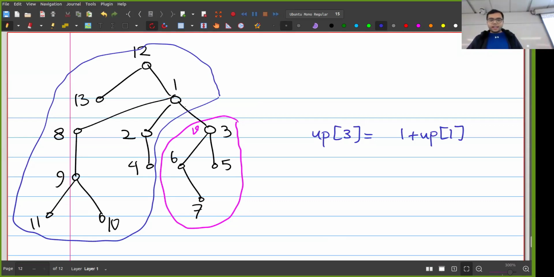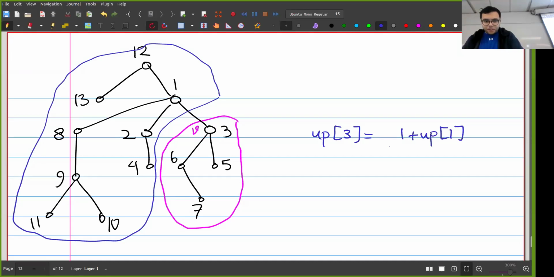But if I'm going down, I cannot go back down to 3. I have to go to one of the siblings of 3. I have to go to either 2 or 8, right? Because otherwise it wouldn't be a path. So if I go to 2, then I can do down of 2 from there. So I went to 2, and then I ask what is the farthest vertex that I can obtain by moving down from 2. And the same thing for 8.